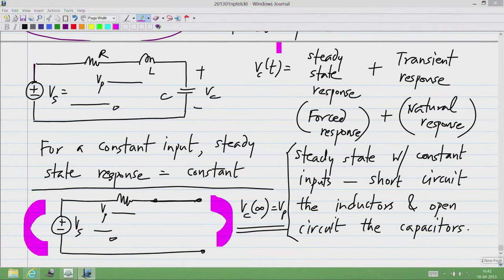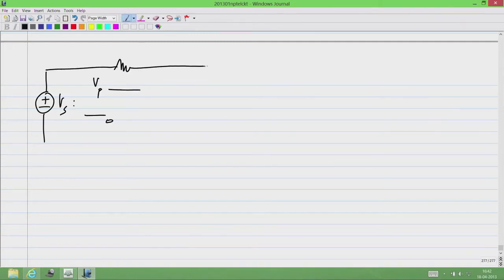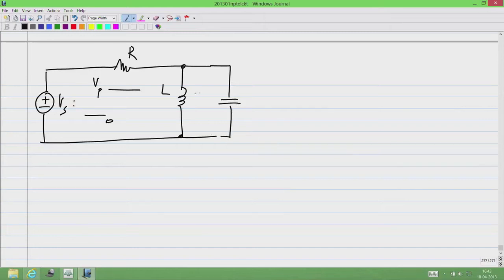So, now let me give another example so that you clearly understand what is going on. Let me take the other circuit. Let me say that Vs again changes from 0 to Vp, and I have RLC, and in this case I am interested in the inductor current.